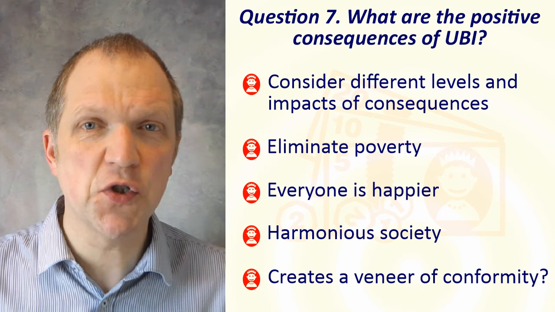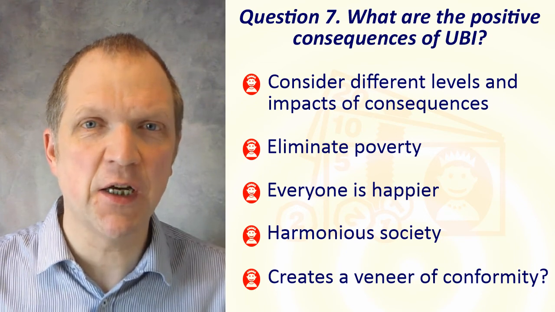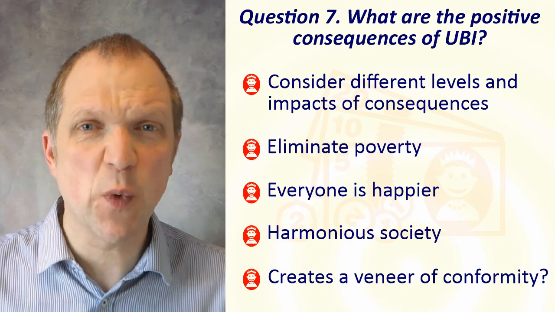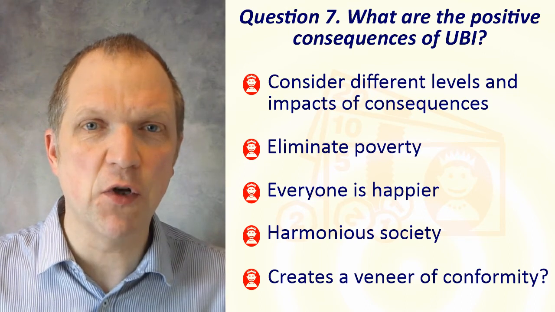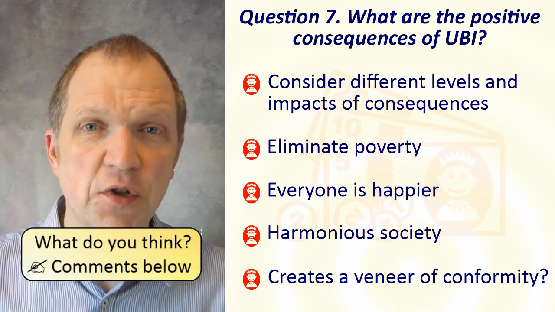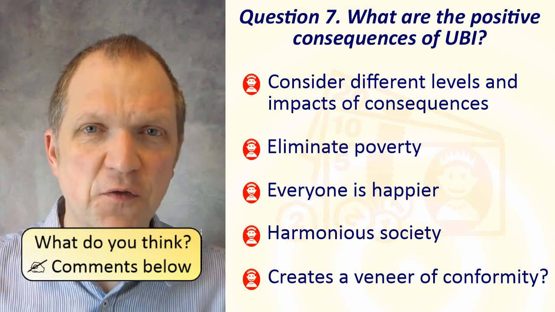However, this could make your story boring, unless UBI has actually created a veneer of conformity that covers up a rebellious undercurrent, just waiting for the right person, such as your central character, to bring about a revolution. Can you think of films or movies based on this story idea? Please feel free to add your suggestions to this video's comments below.